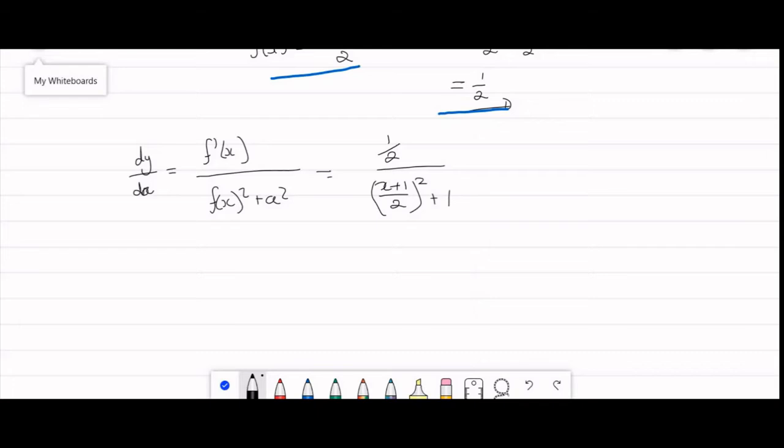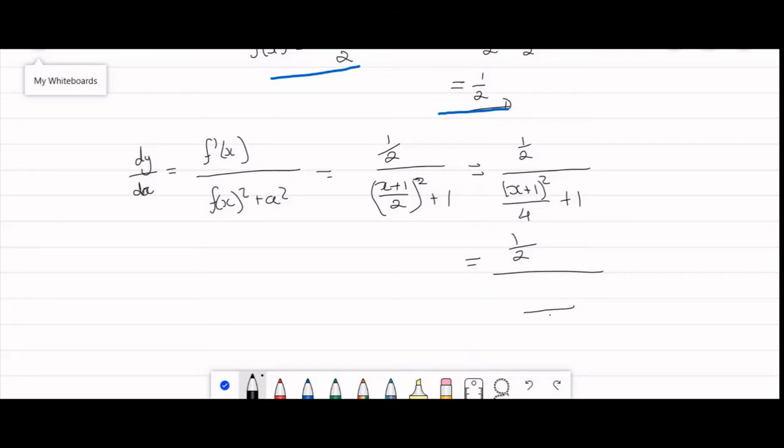Now we need to remove the brackets, so we have to distribute the 2. We'll have 1 over 2 over (x plus 1) all squared over 2 to the power of 2, which is 4, plus 1. Now we look for our lowest common denominator for our denominator.